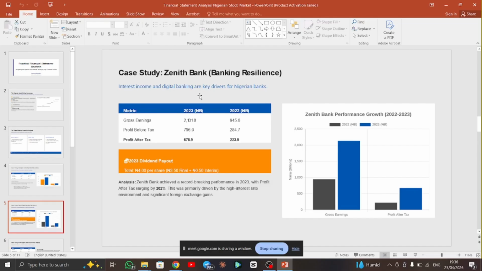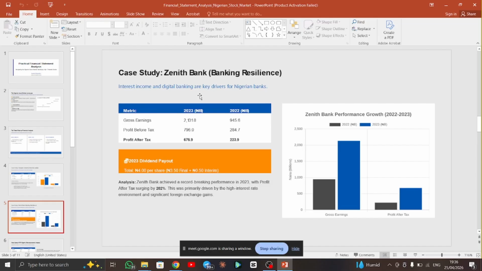So if you want to invest in the banking sector, you invest a portion of your money. Let's say you also invest in some silent sectors that people don't know about that are making millions of money in Nigeria. We have the consumables, right? We have agro allied. We have the construction sector.